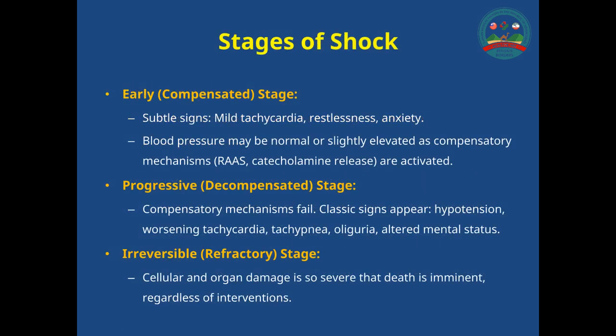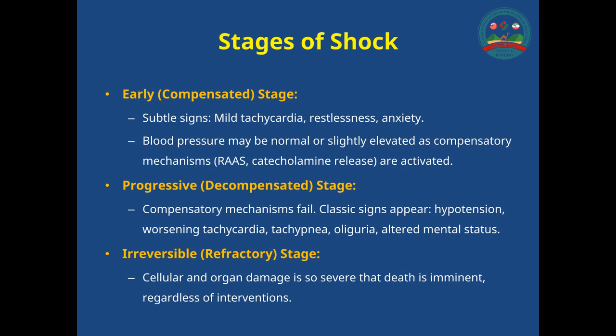Now that we understand what shock is, we can look at how it progresses through stages. In the early or compensated stage, the body is still able to maintain perfusion. The signs are subtle: mild tachycardia, restlessness, and anxiety. Blood pressure may still look normal because compensatory mechanisms like the RAAS and catecholamine release are working hard to keep it up. In the progressive or decompensated stage, these mechanisms begin to fail.